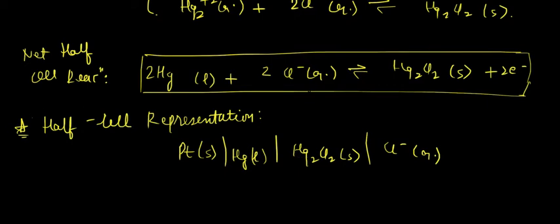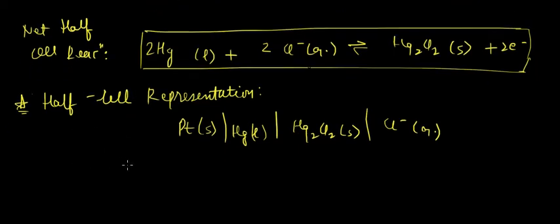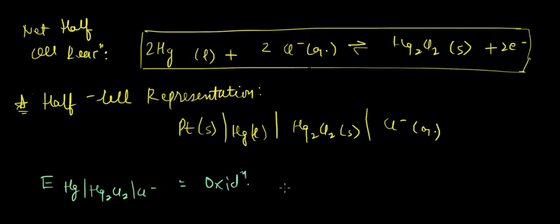Okay, so we can write E of Hg, Hg2Cl2 and Cl- as the anion source. So this is the oxidation potential of the calomel electrode.